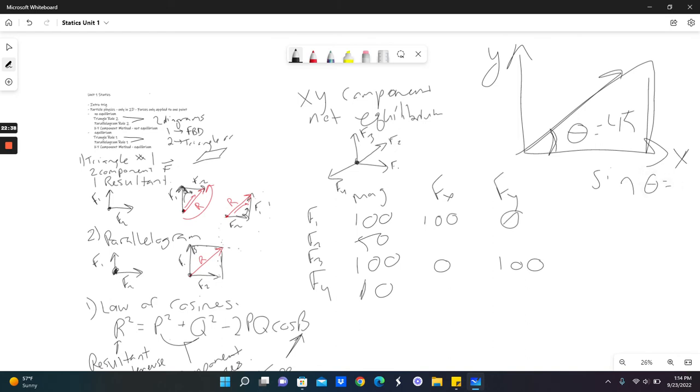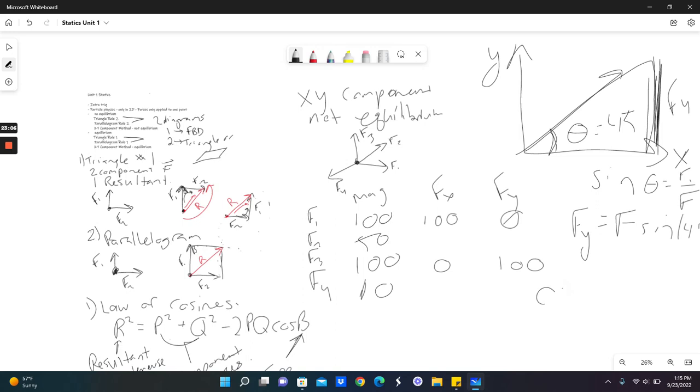Sine of theta equals, sine equals opposite over hypotenuse. Opposite being the one that's not touching it, so that would be this side, which would correlate with Fy. So it would be Fy over the magnitude of F. So then Fy would equal F magnitude, which would be 50, times sine of 45.